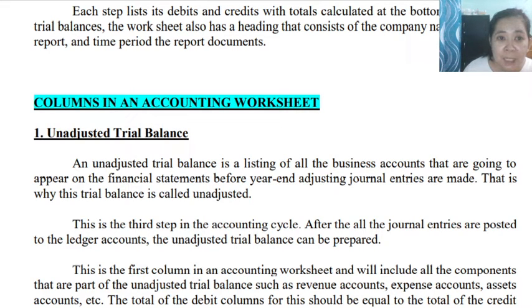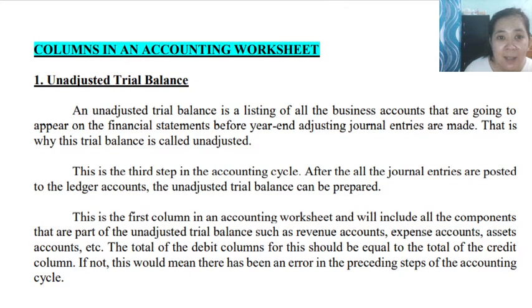This is before the adjusting entries; that's why it's called the unadjusted trial balance. This is normally the third step in our accounting cycle. After all the journal entries were posted in the ledger or T accounts and its balances were already identified, we can now prepare our unadjusted trial balance.